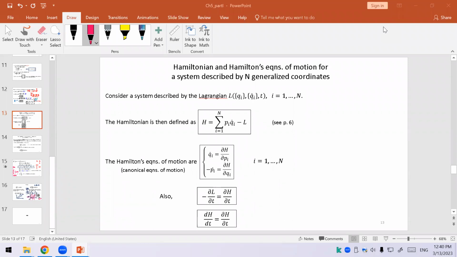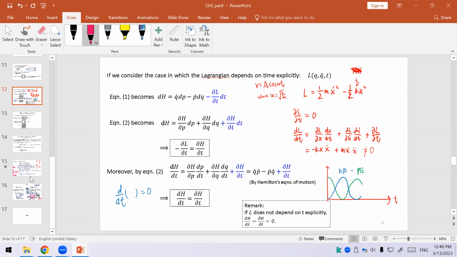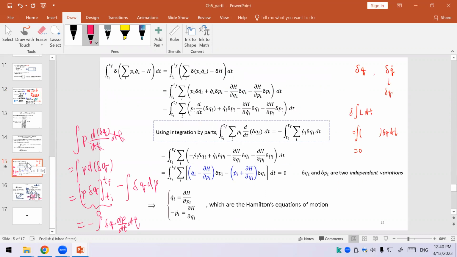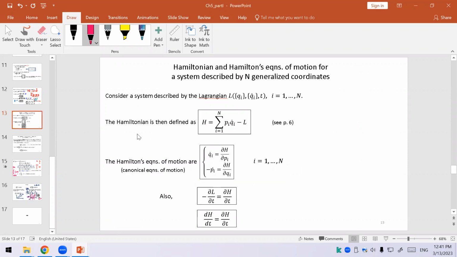Okay, so let's continue. As I said, if you don't really follow the details of the derivation that I just showed, that's all right. But at the very least, these are the information that we are going to use. You have to at least remember that the Hamiltonian is defined by this equation here.